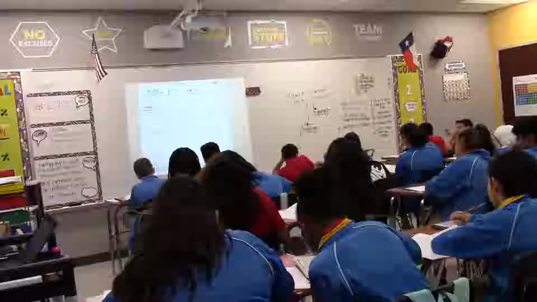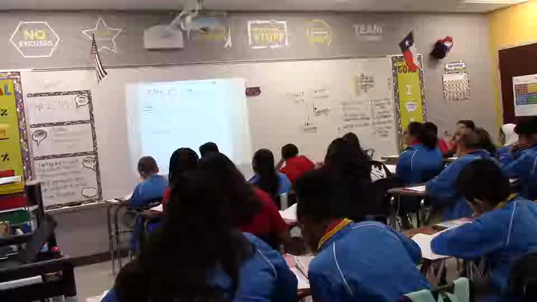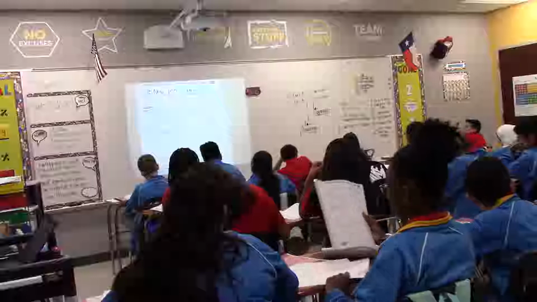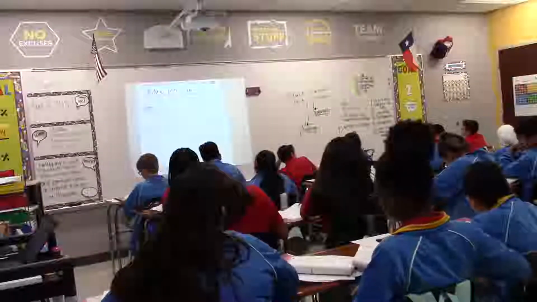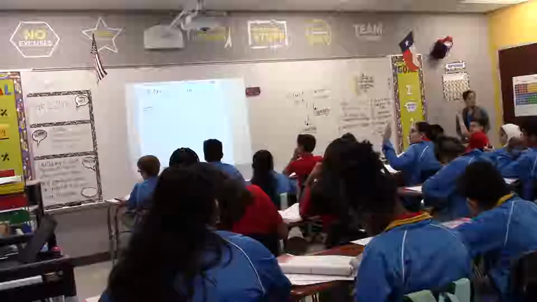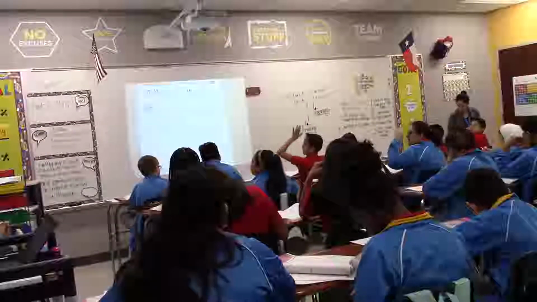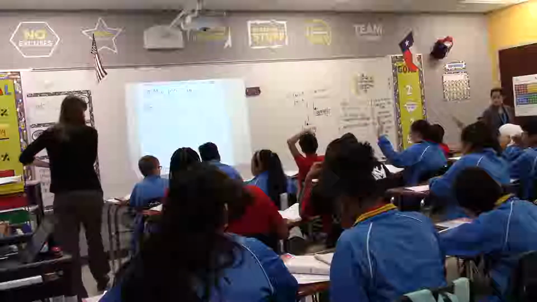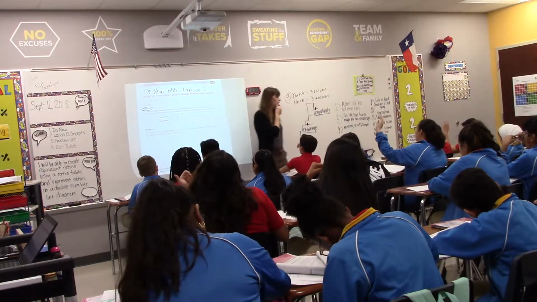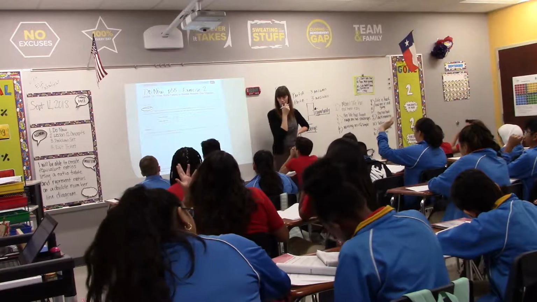How about if we scale up? Now we're scaling up. Who filled in the last 2 boxes of their table? Raise your hand. Gibson, raise your hand. What did you get, Elijah?